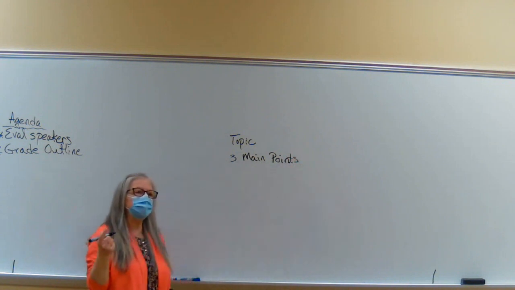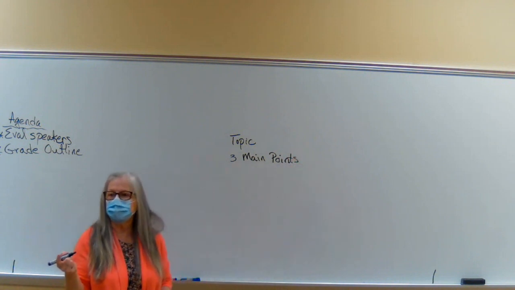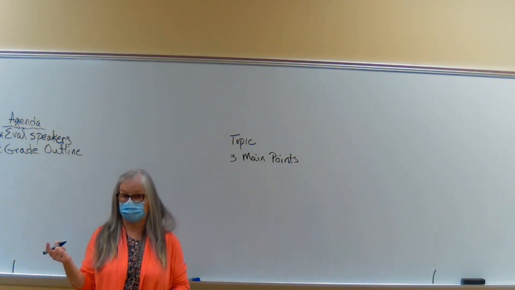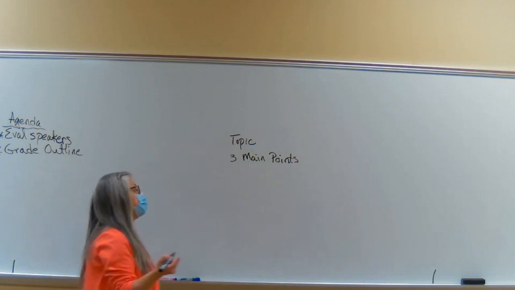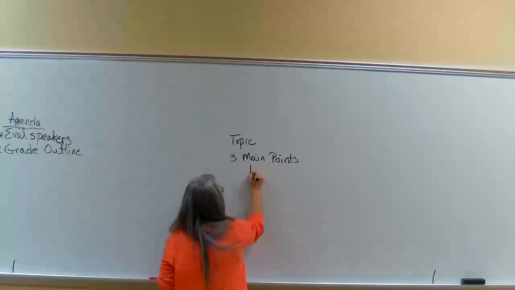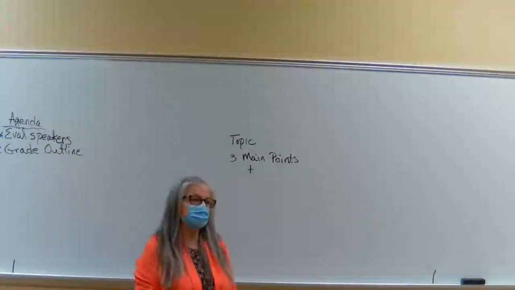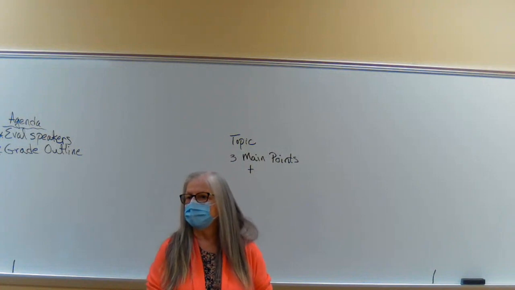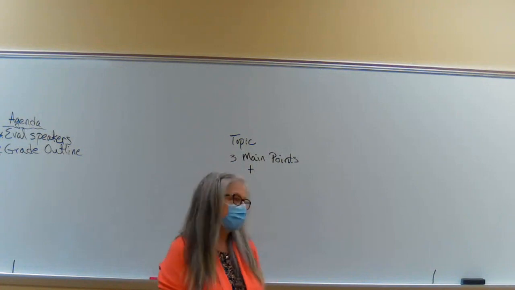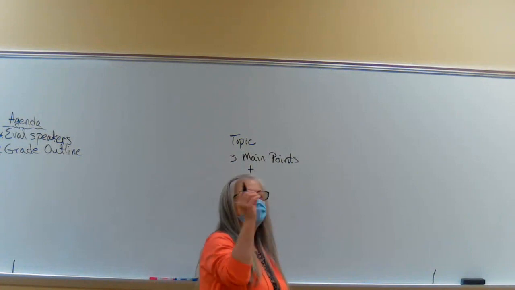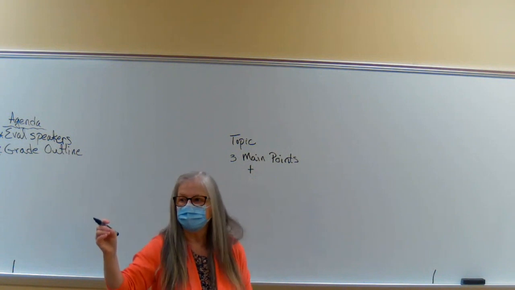When you make your 3 main points, you should use what's called the sandwich method, all right? And the sandwich method is that you state something positive about the delivery or the content of their speech. Say, oh, this was really good when you did A, B, and C.